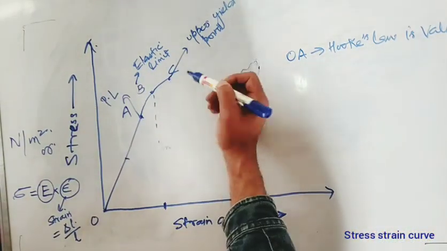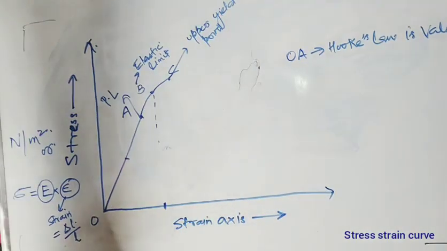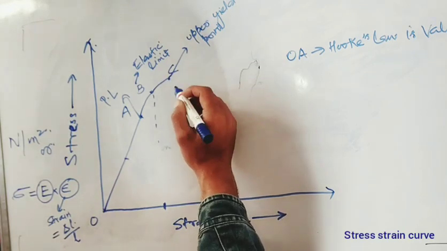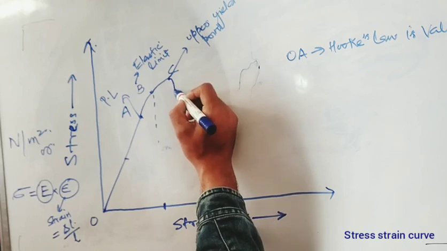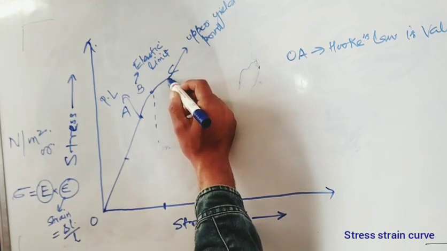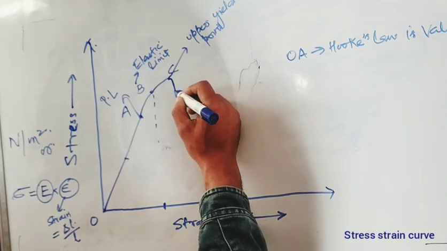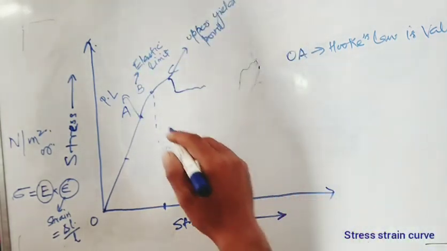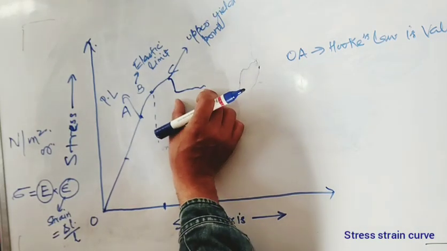The upper yield point signifies that the yielding of the specimen has started. Just after this point, as you increase the strain, at lower stress values the curve will behave like this. There will be ups and downs, but at a minor scale we show it straight. So we call it a plateau.